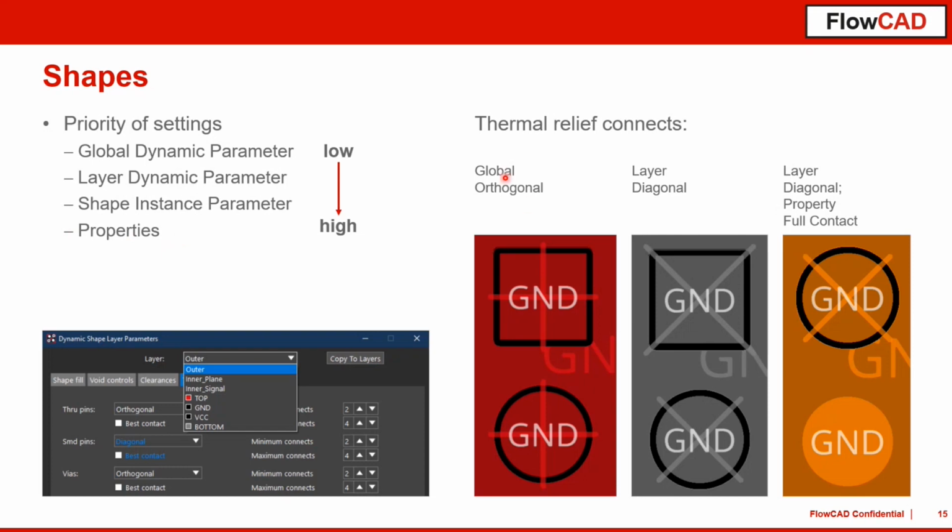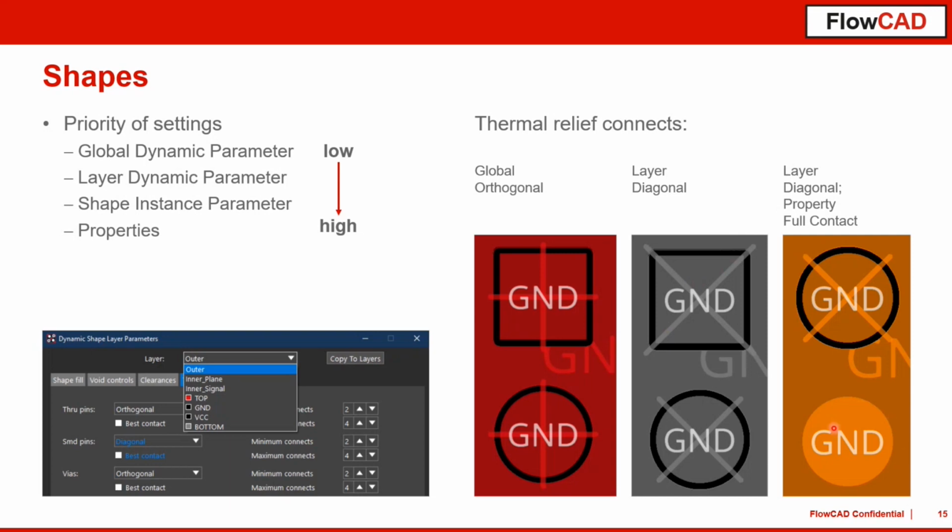And what you see here, I showed this here on the right side. So for example, from the global dynamic parameters, orthogonal connection is coming here for the SMD pins. The layer dynamic parameters are overriding this, and from the layer dynamic parameters here, in this case, diagonal connections are coming up.